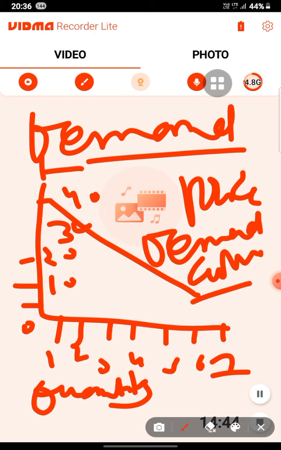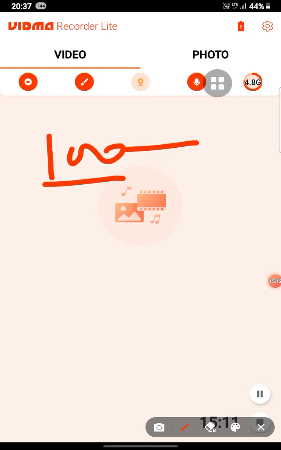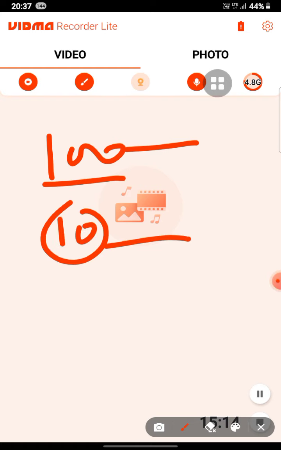Many things determine the quantity demanded of any good, but when analyzing how markets work, one determinant plays a central role: the price of the good. If the price of ice cream is 100 rupees, you would buy less ice cream, and if the price is 10 rupees, you will purchase more ice cream.